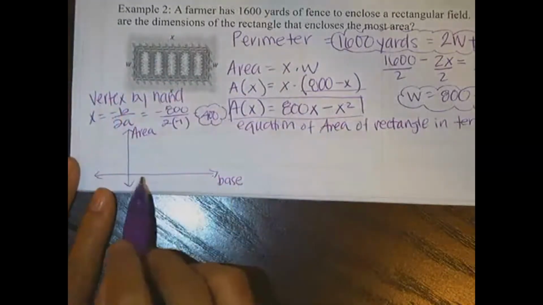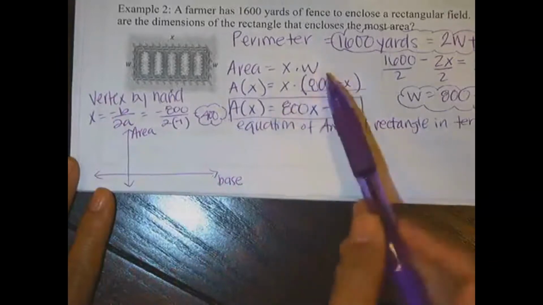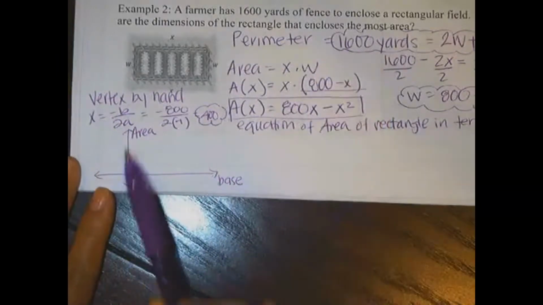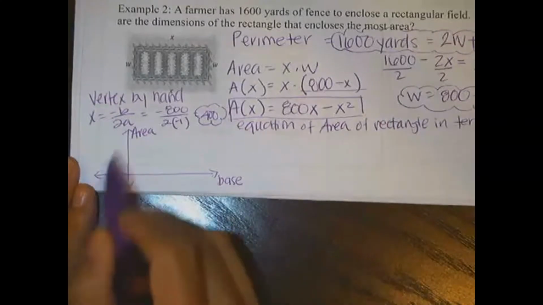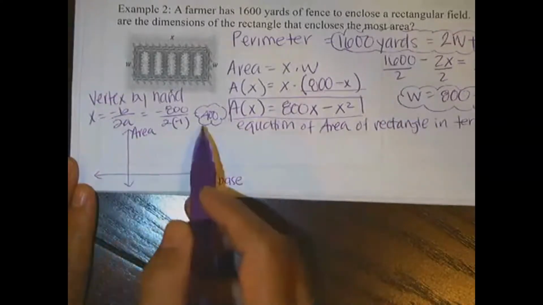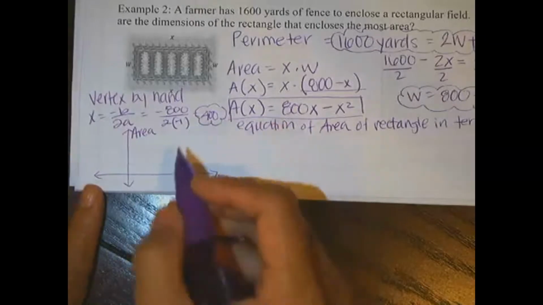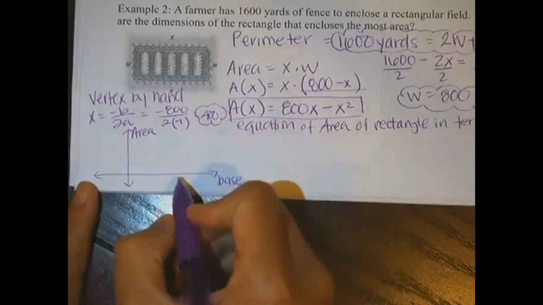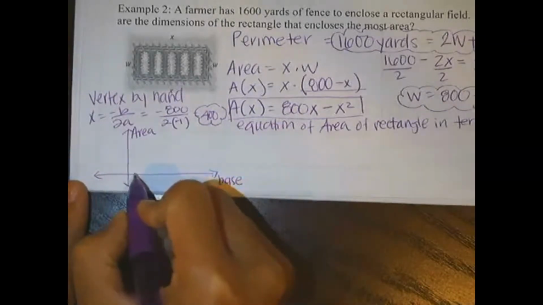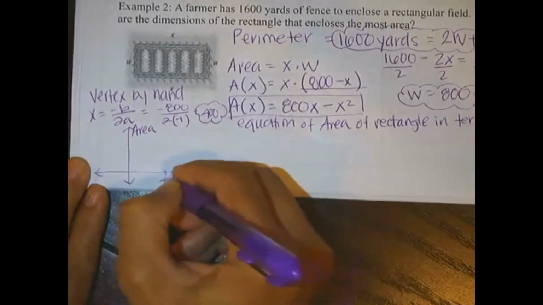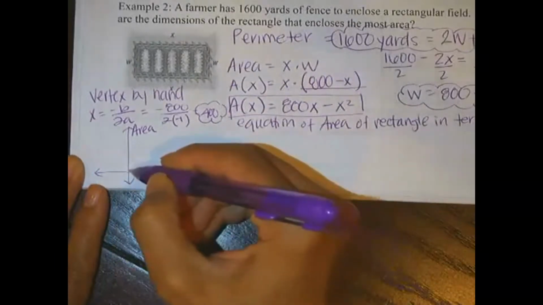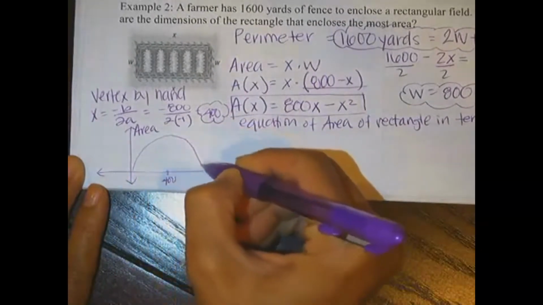This is a word problem, and every word problem has a different context, so you have to label it based on the context that we're working with. So this is your base, this is your area. Right now, I know x is at 400. So let's just say I'm going to put 400 in the middle. Here's 400, and we know it's a parabola opening down.